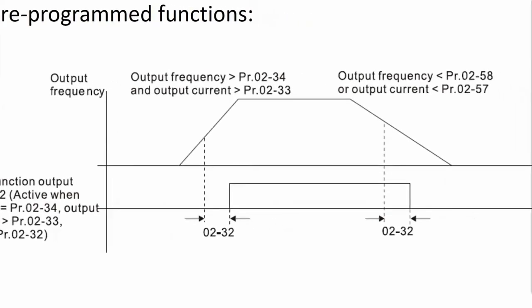That means that both conditions have to be met in order for the mechanical brake to open. However, to engage the mechanical brake, to close it, you have an OR condition. So that means either that the output frequency drops below your settings, or that the output current drops below the minimum value that you set. So if any of these conditions are met, then the mechanical brake will engage.